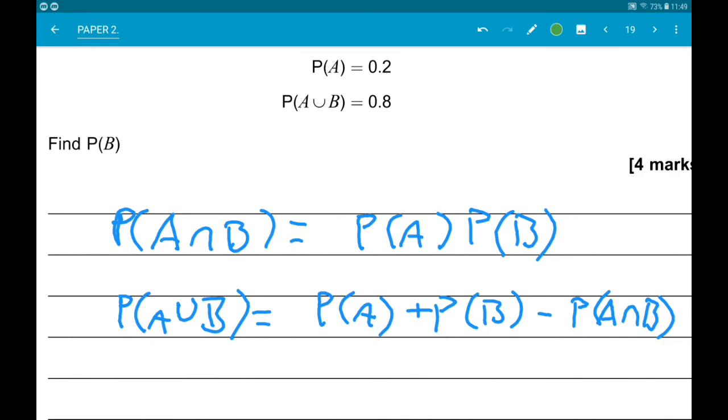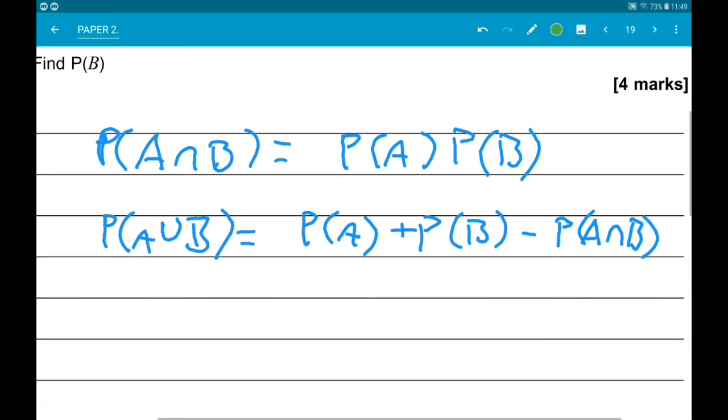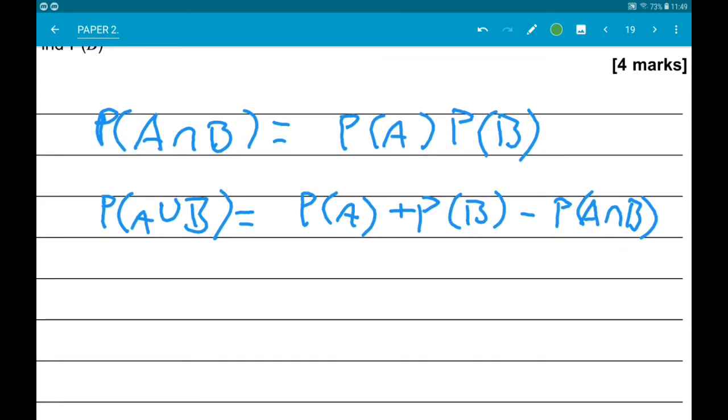So we know the union is 0.8. Probability of A is 0.2.